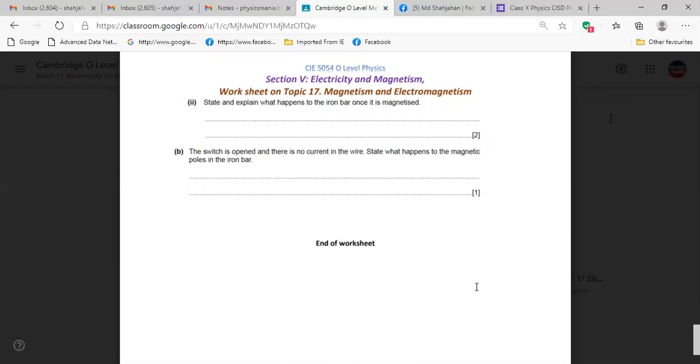The poles are gone. We will say that the iron bar is demagnetized, right? The iron bar is no more a magnet. It does not have any poles, right? So you will say poles gone because the iron bar is demagnetized, or loses magnetism. Is that clear? Yes.